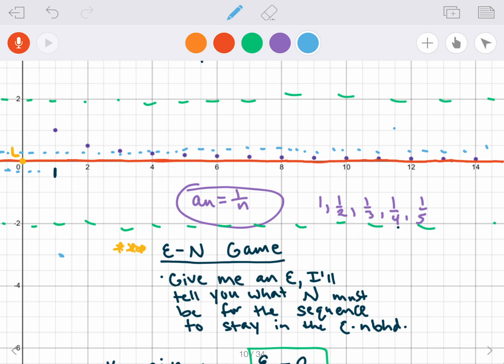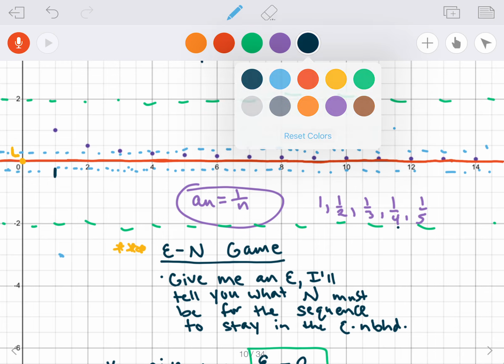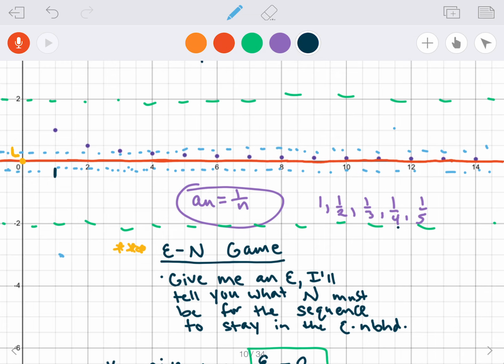Okay, there we go. Whatever. I can't draw. You guys know this. So, just bear with me here. So there's my epsilon neighborhood with L, 0, being centered around the 1/4 neighborhood. And so the question now becomes, what do I need to choose capital N to be for all of these things to stay in that 1/4 neighborhood?